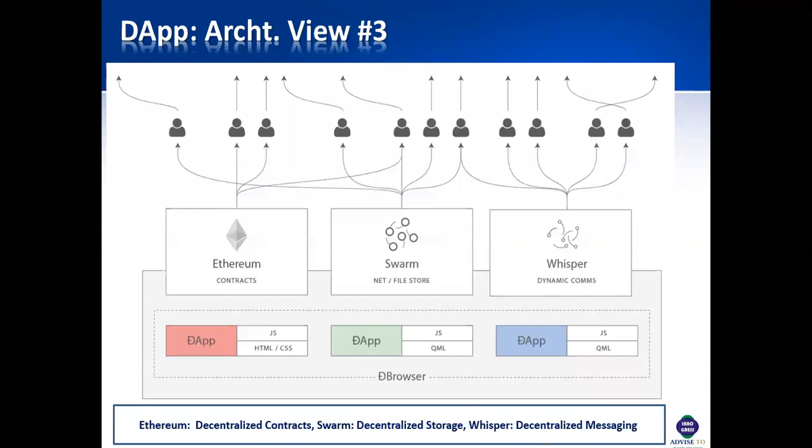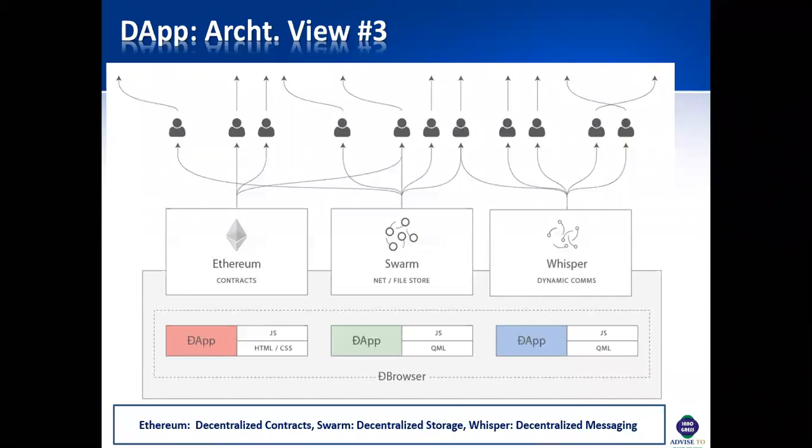So there are various scripting languages which can be used for designing the front end in DApps, but essentially the back end runs on Ethereum, which also deploys the blockchain technology. For file storage, it makes use of the Swarm protocol, and Whisper is for the communication there.